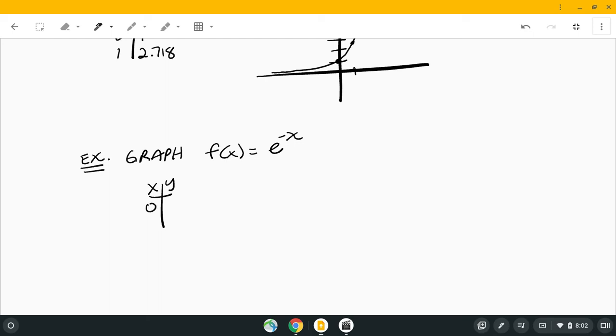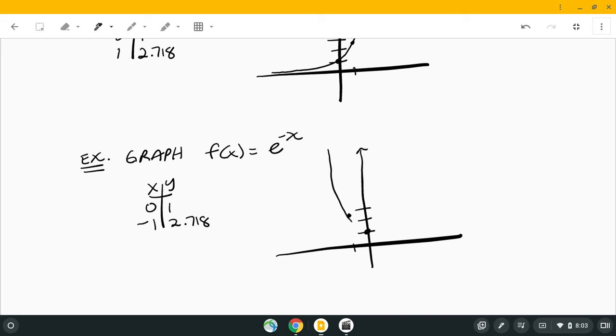So if I plug 0 in, e to the negative 0 is still going to be 1. If I plug in negative 1, then I get e to the first power, which is 2.718. And so we end up with this graph: (0, 1), (-1, 2.718). So we see it's being reflected over the y-axis.